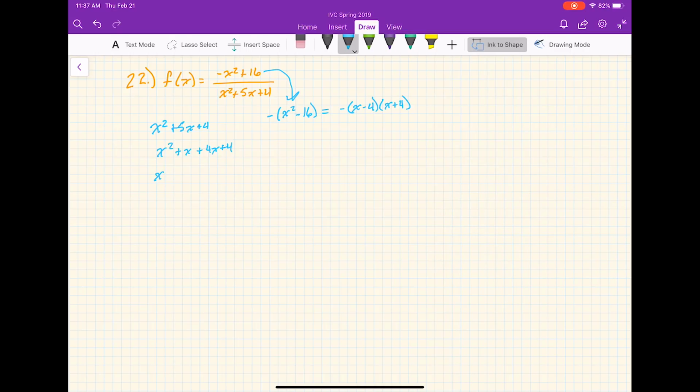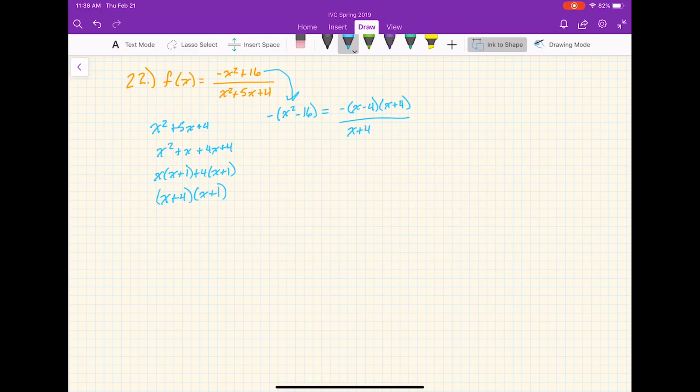So that's x times the quantity x plus 1 and plus 4 times x plus 1. So that gives me x plus 4 times the quantity x plus 1. So pretty easy kind of factoring there. Some of you guys probably do that in your head, but I still like to write it down. And maybe someday I'll get there all in my head.